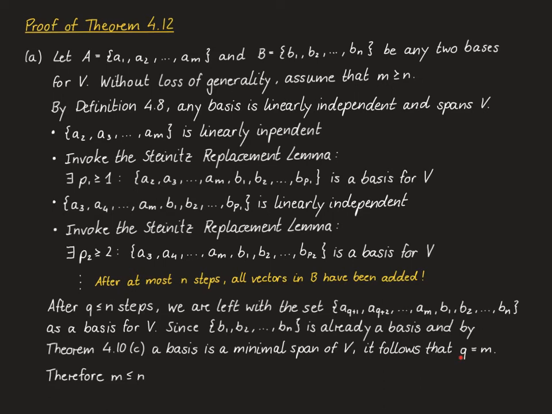With q equal to m, we have therefore obtained that m is less than or equal to n, and together with our assumption that m is greater than or equal to n, it follows that m must be the same as n.